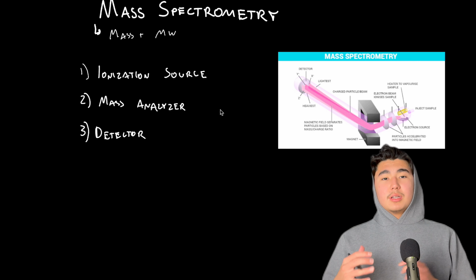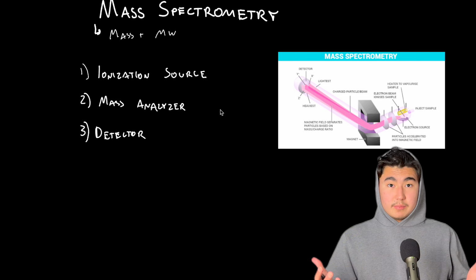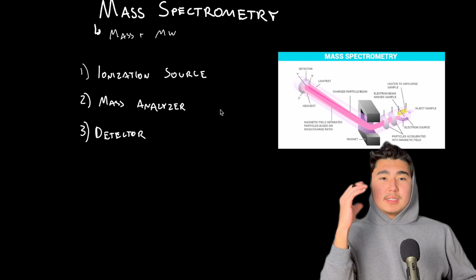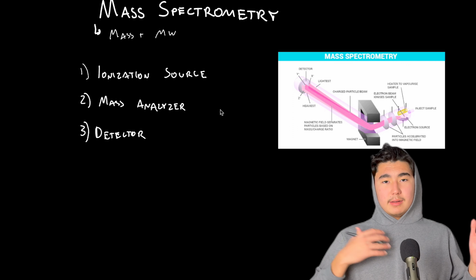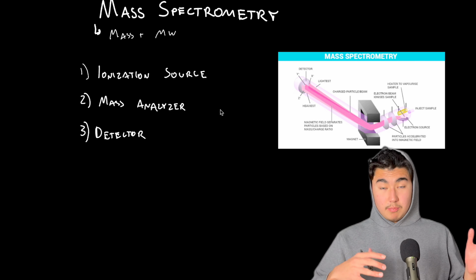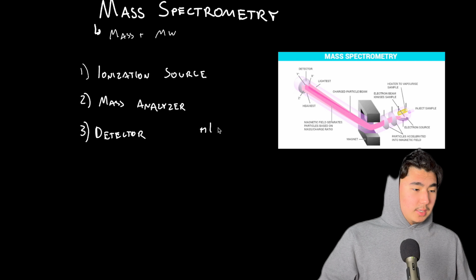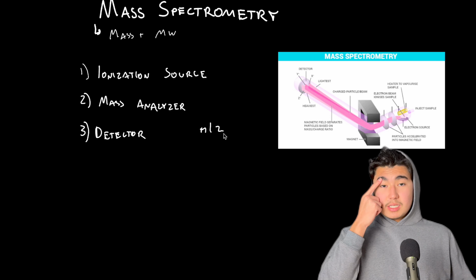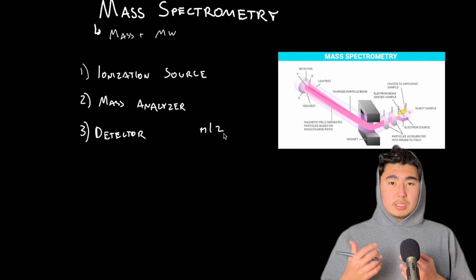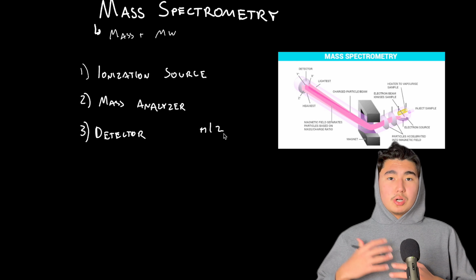Our detector is basically going to observe and count those ions so we can see the relative abundance at that specific mass to charge ratio, that M to Z. I'll write that real quickly. M over Z is just a symbol to show that mass to charge ratio.